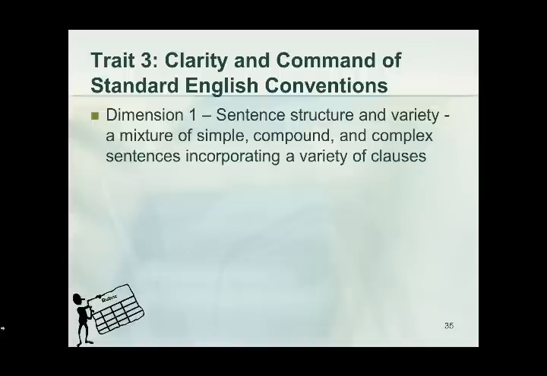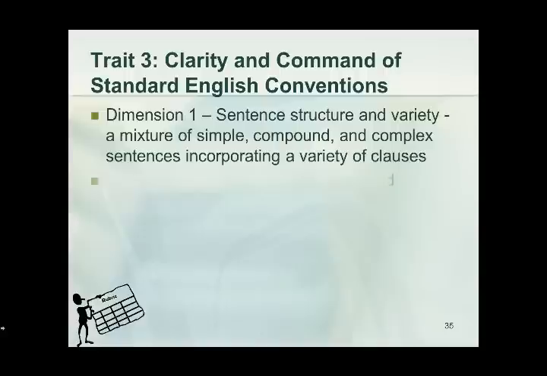Dimension 1 comes into looking at, can my students use a variety of different types of sentences in order to make that writing more interesting? Think about the writing you've seen in the past where it's these little, short, simple sentences and it just goes on, and you think, oh my gosh, this is so boring. What you want to look for are students who can do simple, compound, and complex, depending on what they need as they're moving through.